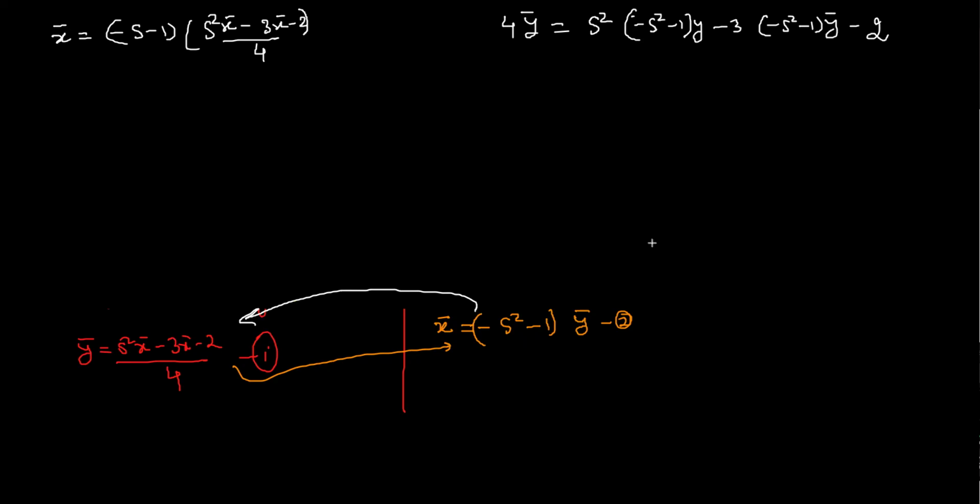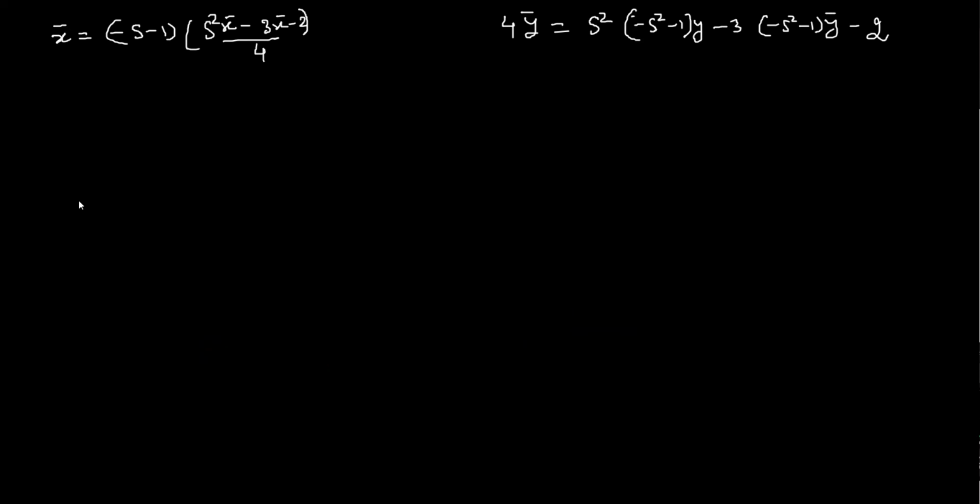Solve separately. First I solve this. Multiply 4 on both sides, 4x bar. Okay. Minus common, s cube.